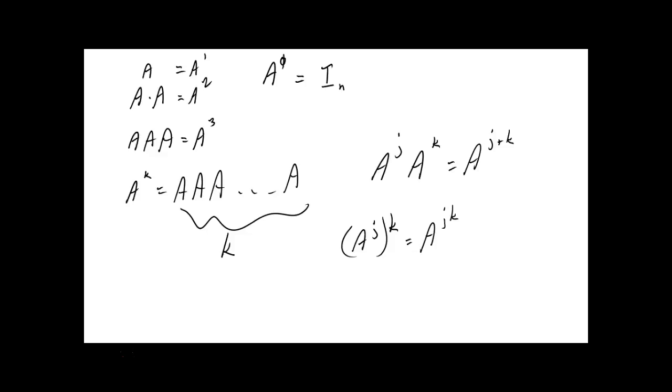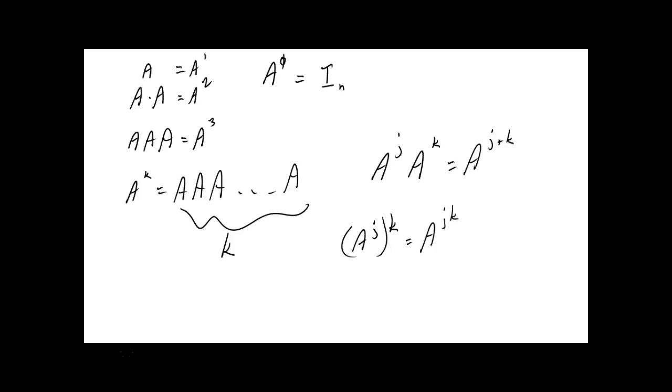And however many you had, when you kept multiplying together up to k times, you have j of these, j of these, j of these, until you had j times k factors. So when you're multiplying the same matrix raised to different powers, add the powers. When you're raising a power to a power, multiply the powers.